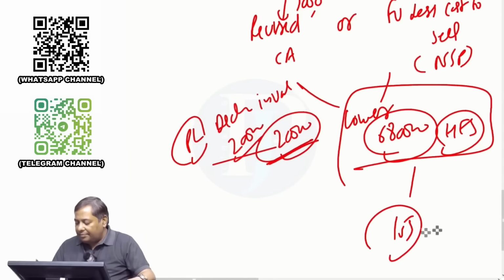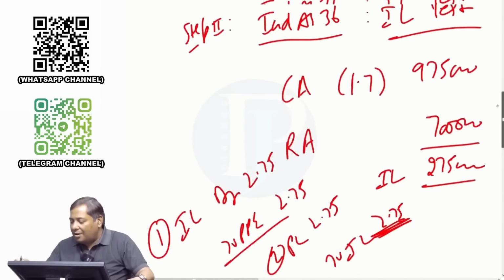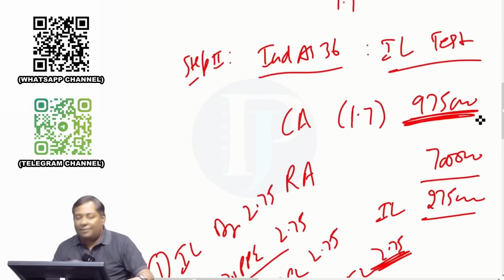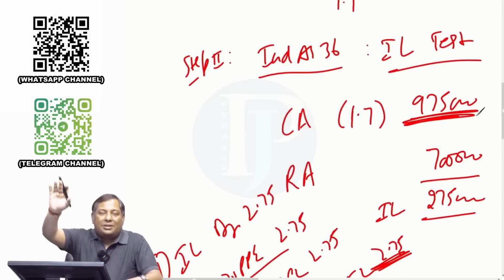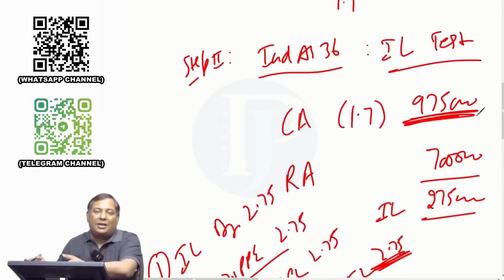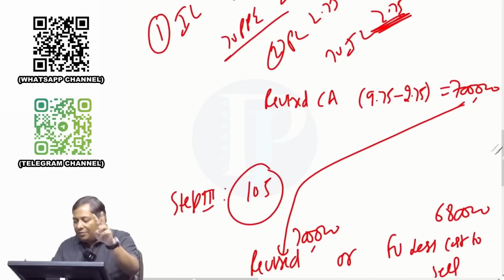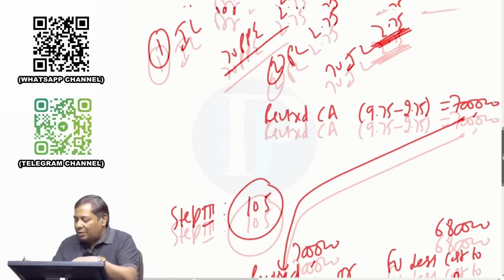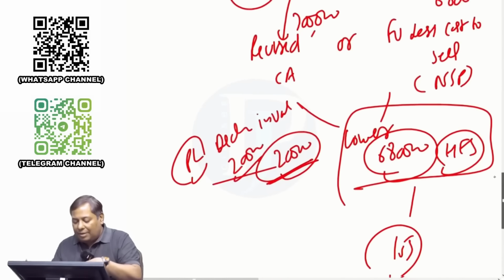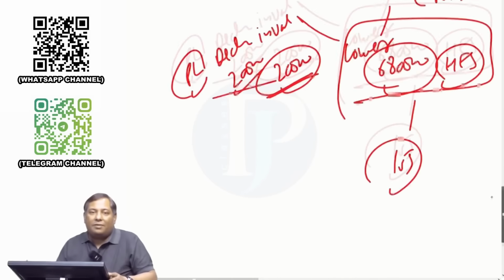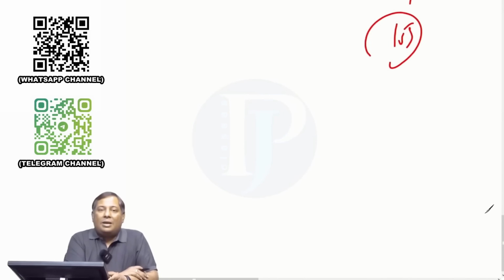So where did we start from? We started from 975. With 25 depreciation, the value of 975 becomes 680. You write off the loss twice. The first time you write off the loss as 2.75 and the second time it's 20,000, total 295. I taught you this, okay?